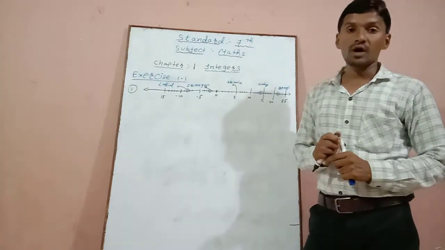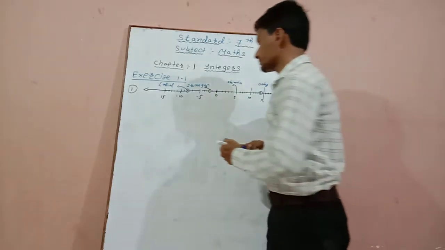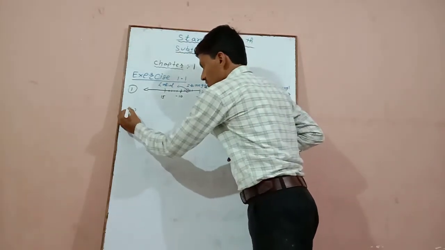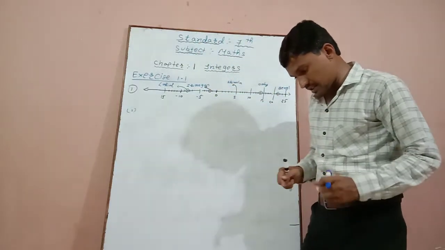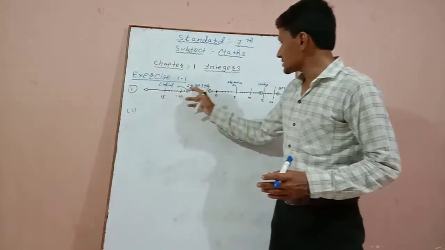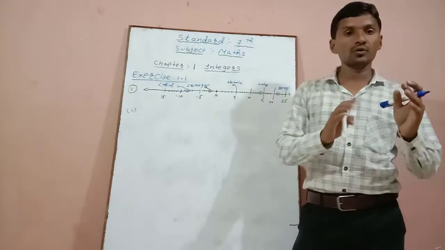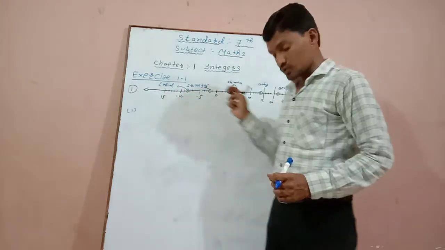Now we have to answer the questions given below. First question is: observe this number line and write the temperature of the places marked on it. All these cities' temperatures we have to write. First of all we will start with Lahul Spiti.